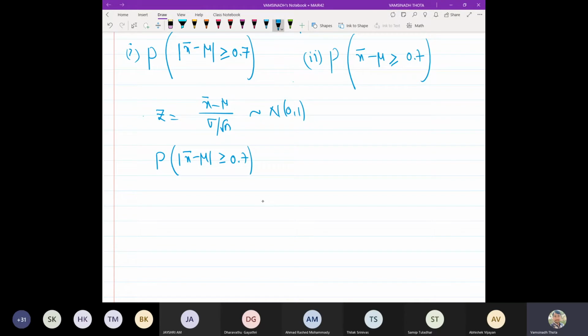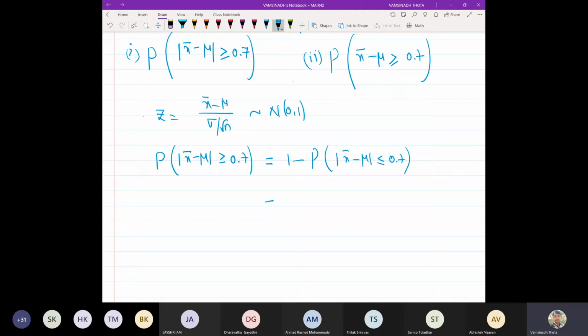This is what we need to evaluate. That is equal to 1 minus the probability that the modulus of x bar minus mu is less than or equal to 0.7. Same thing, right?